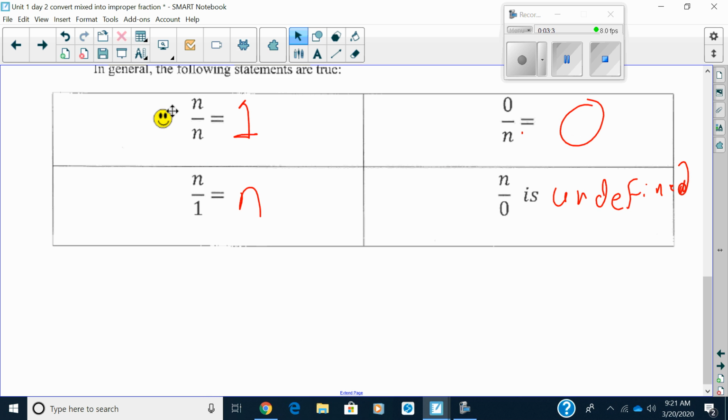If I have n things, like 256 things, and there are 256 things in each pile, that means I just have one pile. A number divided by 1 is always that number. And you cannot divide anything by 0. That gives you a divide by 0 error.